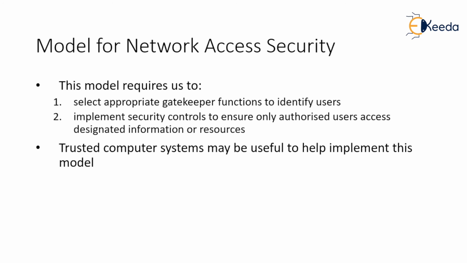Just previously I explained that the access control rights can depend upon the type of role that particular person is playing. So depending upon the role of the person, the access rights are provided to the desired user or the desired person. So we need to have those security controls to maintain those access rights also.